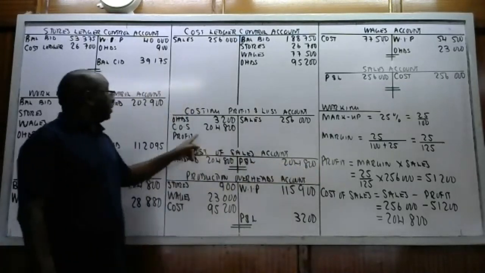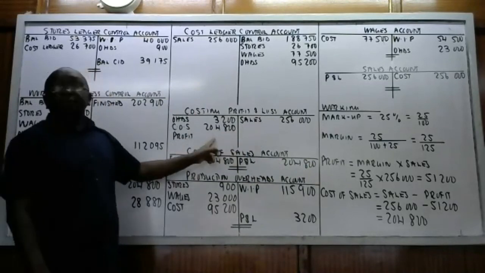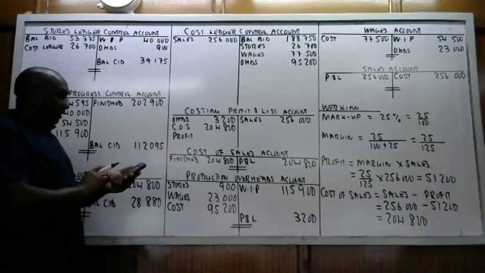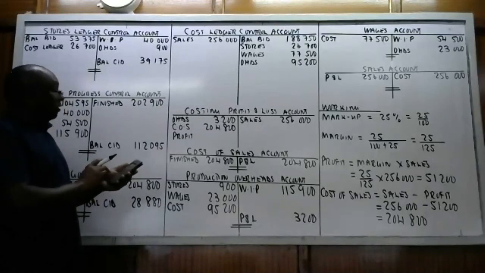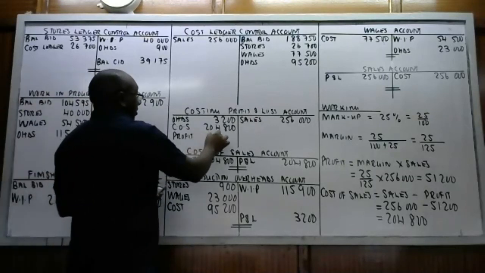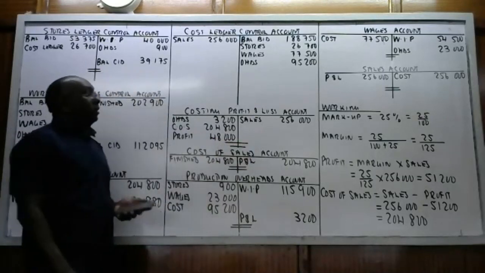Now you need profit, so it is 256,000 minus 204,800. You get 48,000. Okay.